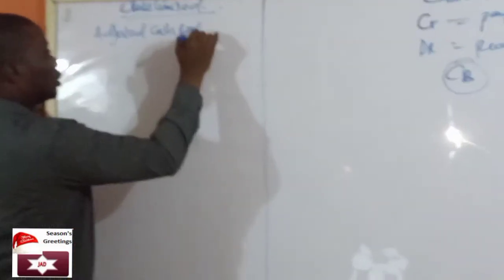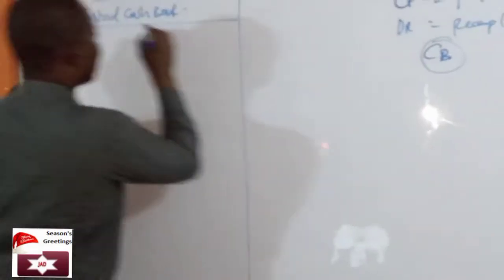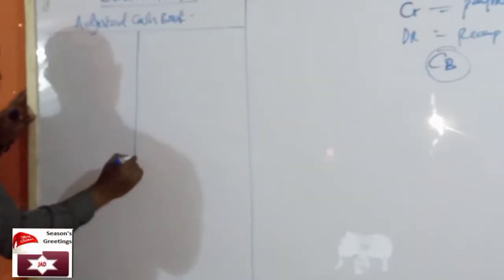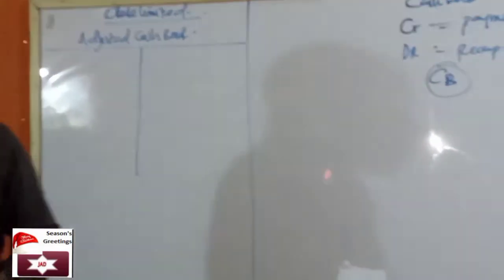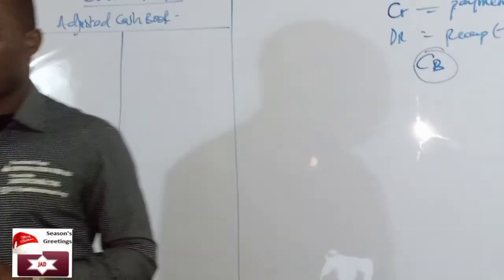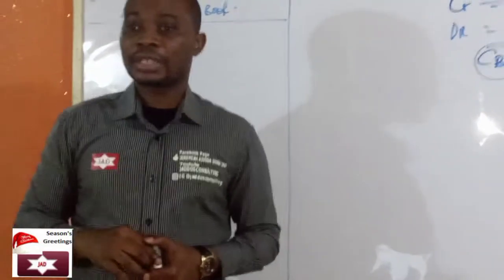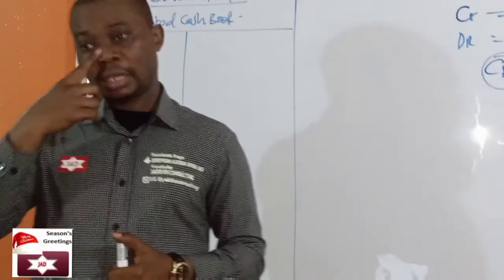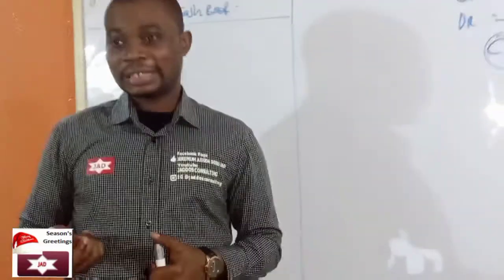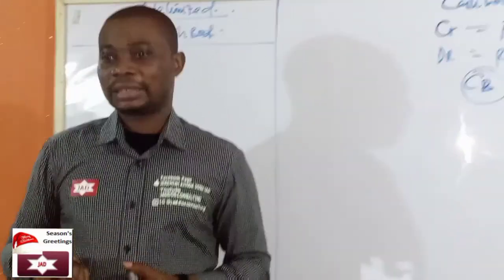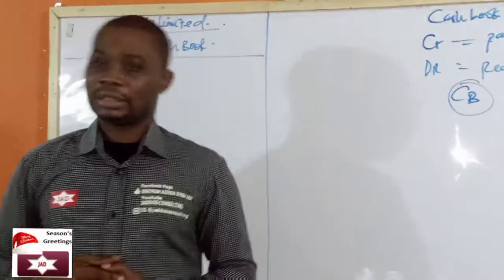Remember that for you to prepare the adjusted cash book, you must have a balance that agrees with the balance for the bank statement sent to you by the bank.